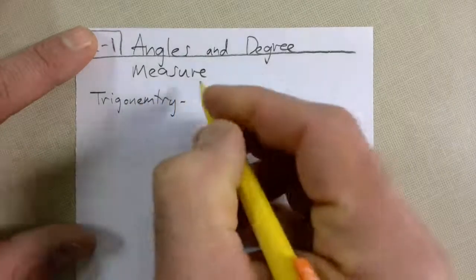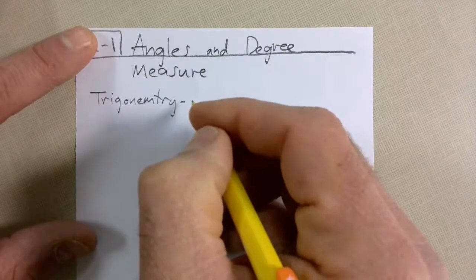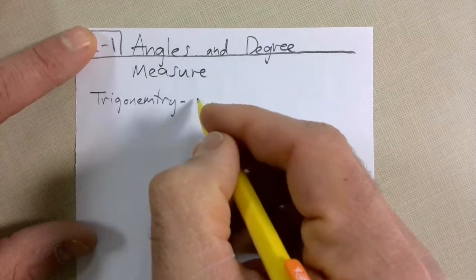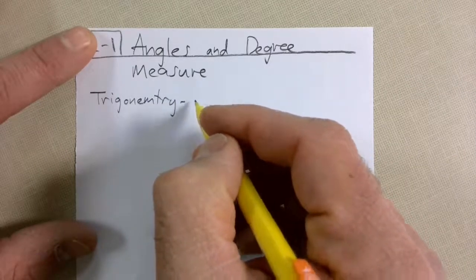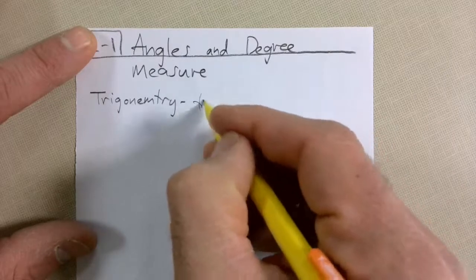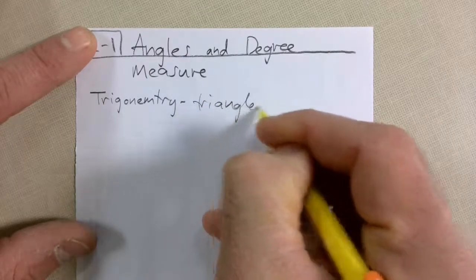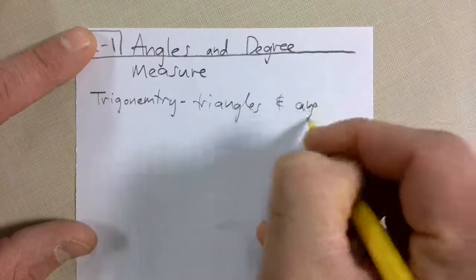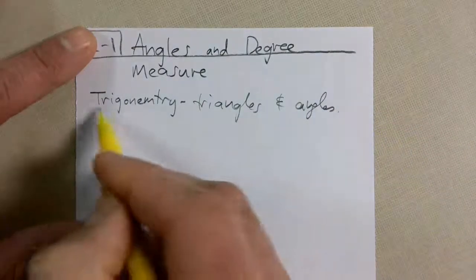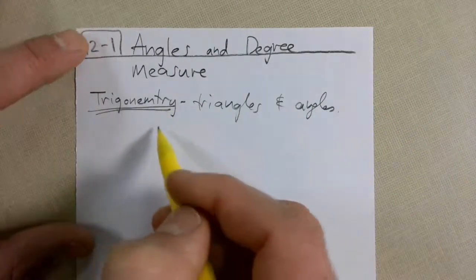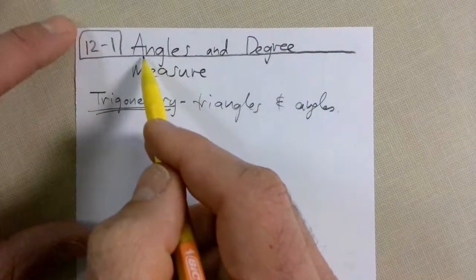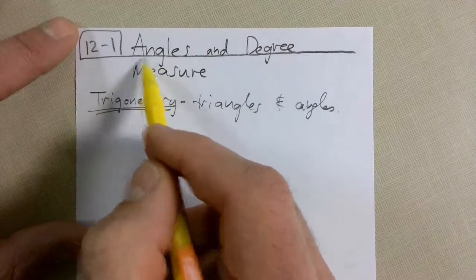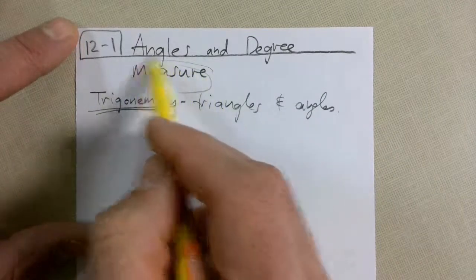Trigonometry is simply an ancient Greek word which means triangle measurement. And trigonometry, therefore, is the study of triangles and angles. So we're going to be looking at triangles, and to start us off, we're going to make sure we understand how to take a measurement of any angle.